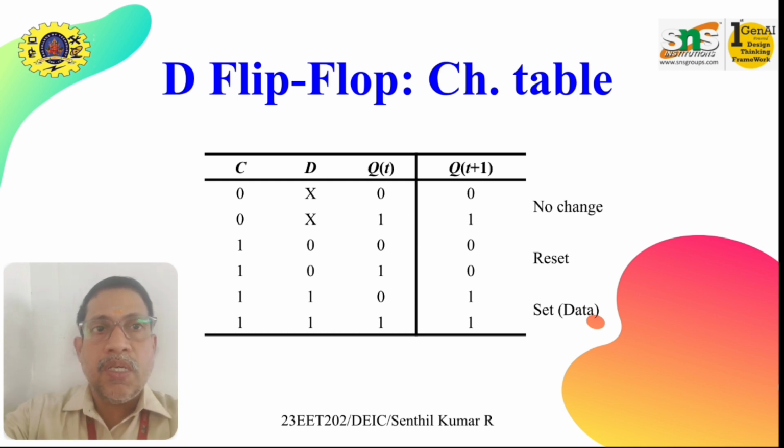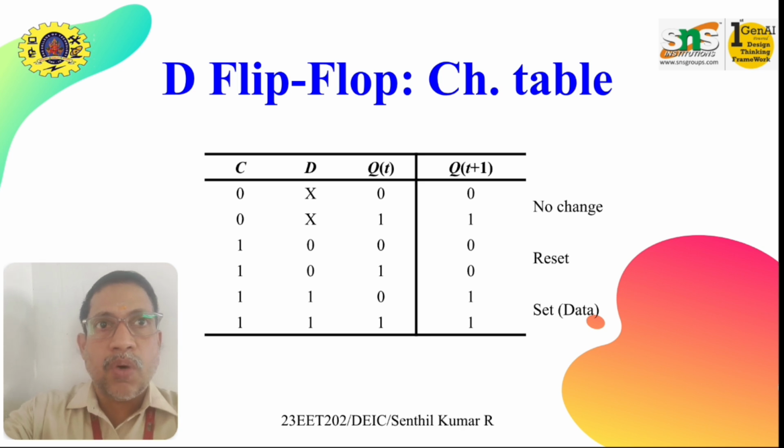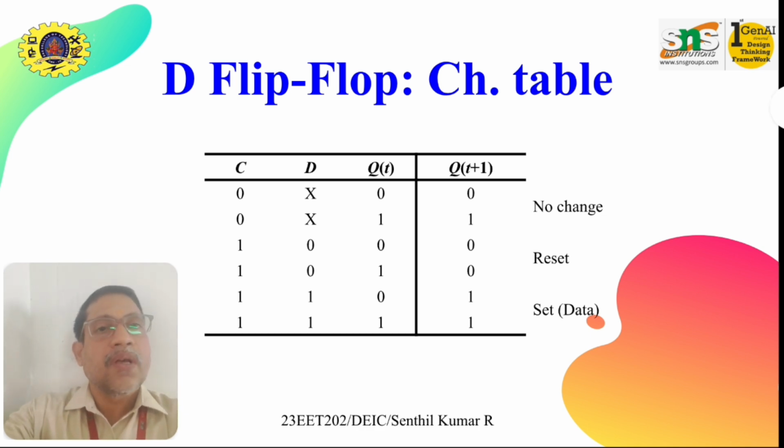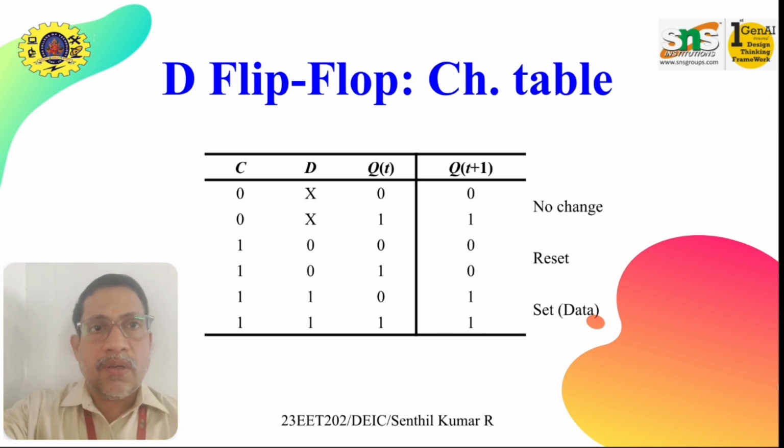Similarly, for D is 1, the Qn plus 1 is 1, which means that it is set.